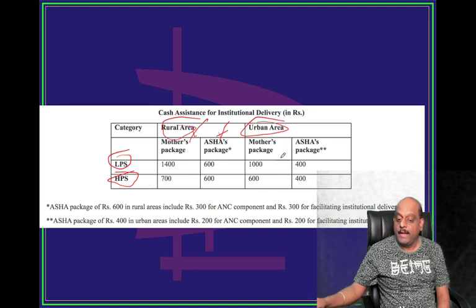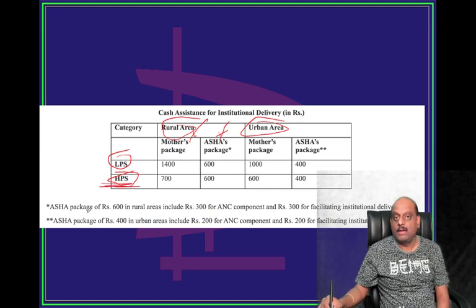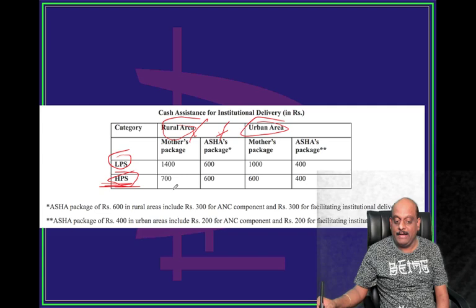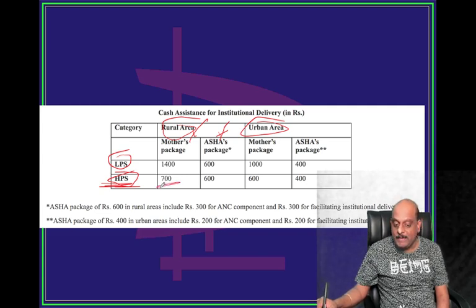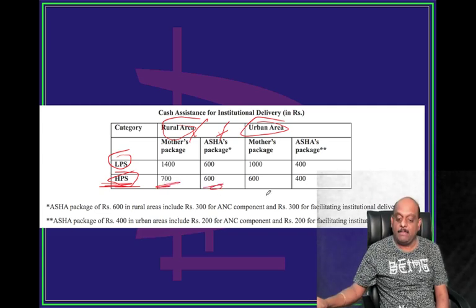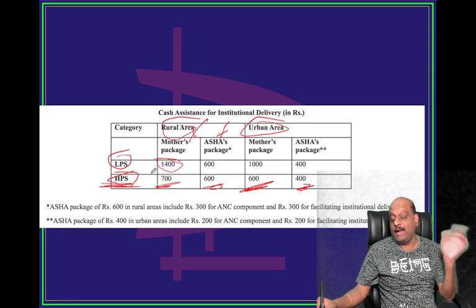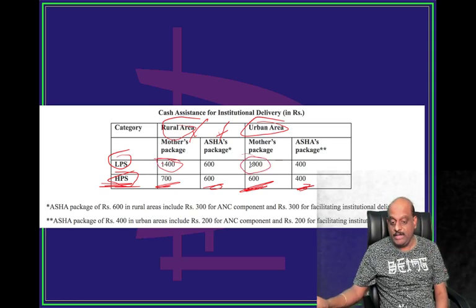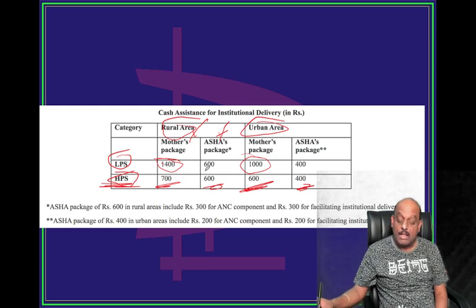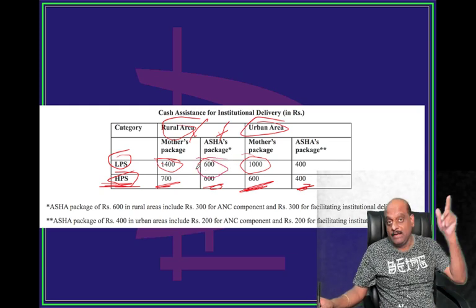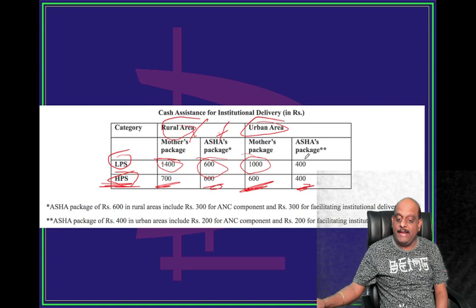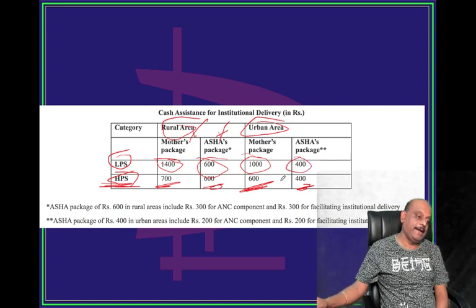Typically, in high performing states, in rural areas 700, 600, in urban areas 600, 400. If it is a low performing state, mother's package is 1400 in rural area, 1000 in urban area. ASHA package is 600 in rural area, 400 in urban area.